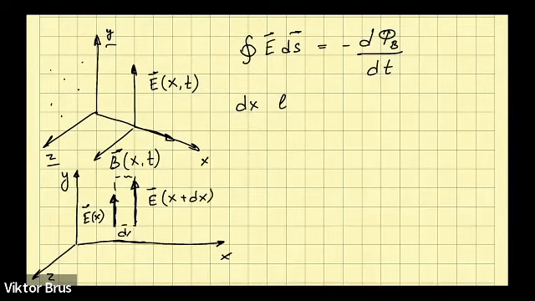So this delta x is the width of the rectangle. And here, this distance will be L, the length.